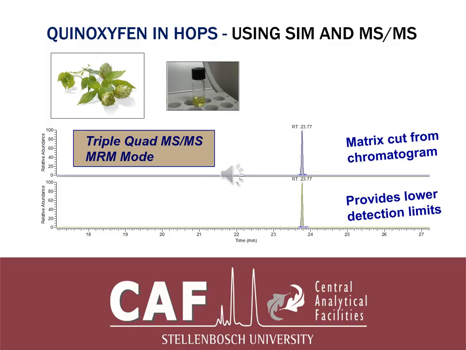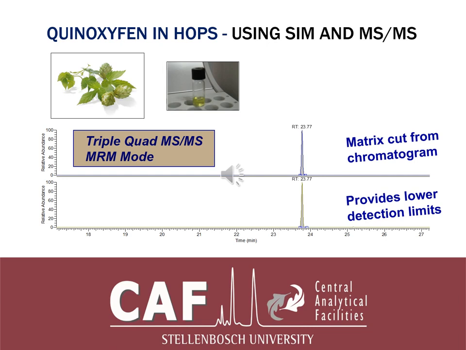Triple quad MS in an MRM mode. Look at the top one. It says the matrix is cut from the chromatogram, and it provides lower detection limits, so you can go lower with the MS/MS than you would with the SIM. If with the SIM you were able to see, for instance, maybe 10 ppt. I'm making an example.